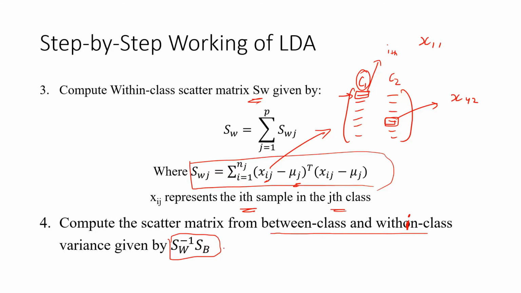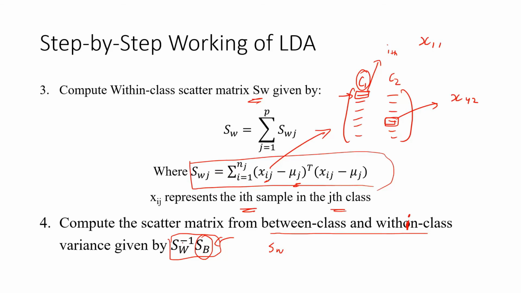It is for a simple reason: between each class you have to maximize the separability. So obviously this is a maximization problem if you directly use the value of SB. But SW, by default, is your within class scatter matrix, and those values you have to minimize.